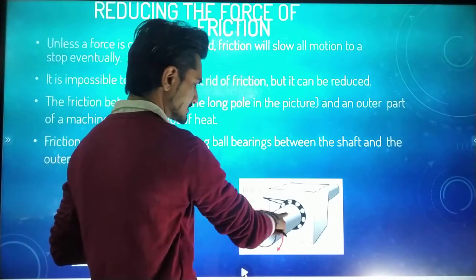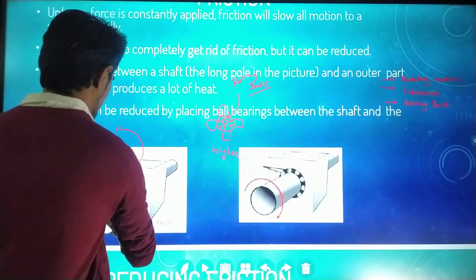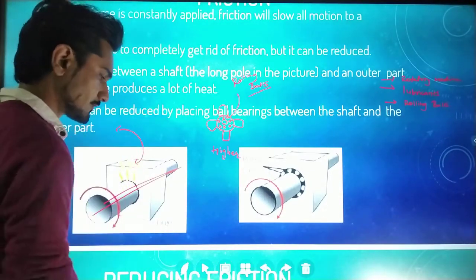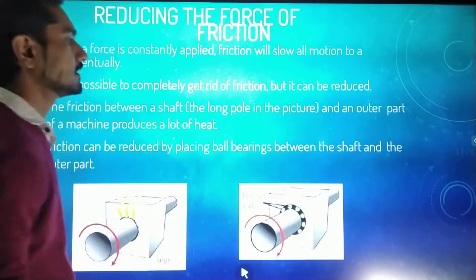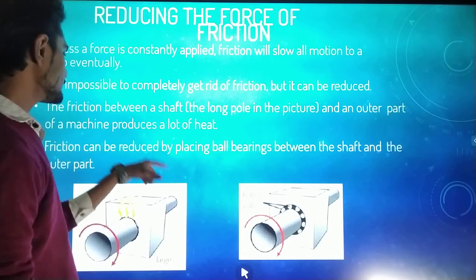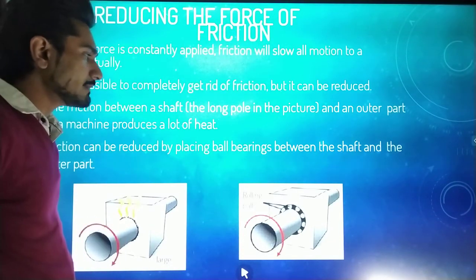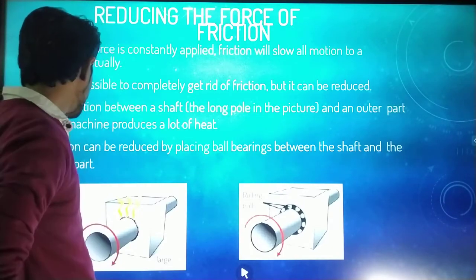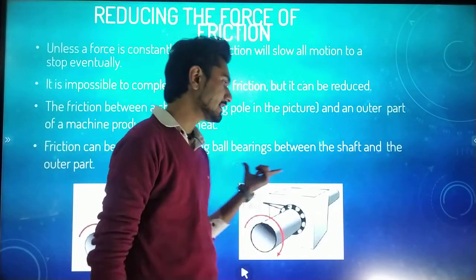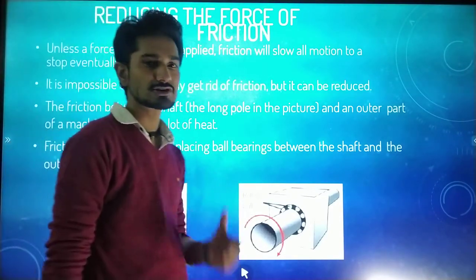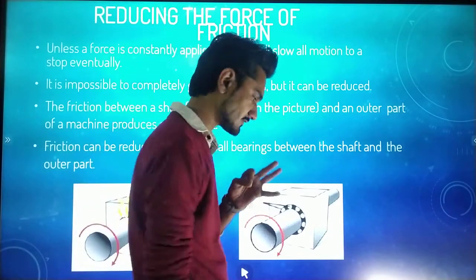This long pipe is known as a shaft, and the outer part of the machine produces a lot of heat. So friction can be reduced by placing ball bearings between the shaft and the outer part. They have given us one idea regarding the reduction of friction, but I have already told you the three parts to reduce the friction.